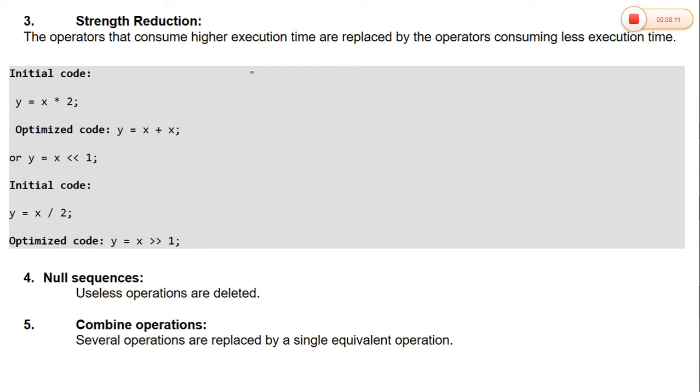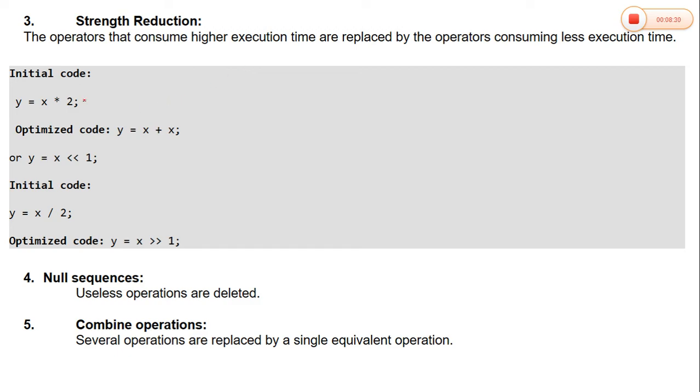So we all know the asterisk operator is costly as compared to addition or subtraction. Why? Because the cost involved while evaluating the multiplication operator is more as compared to addition or subtraction.